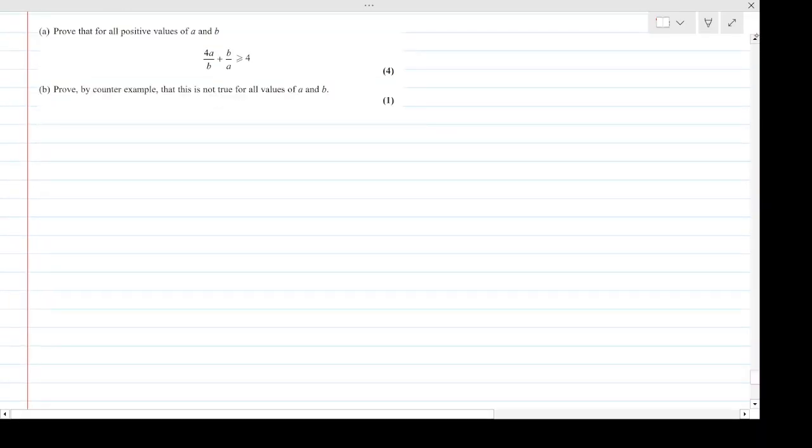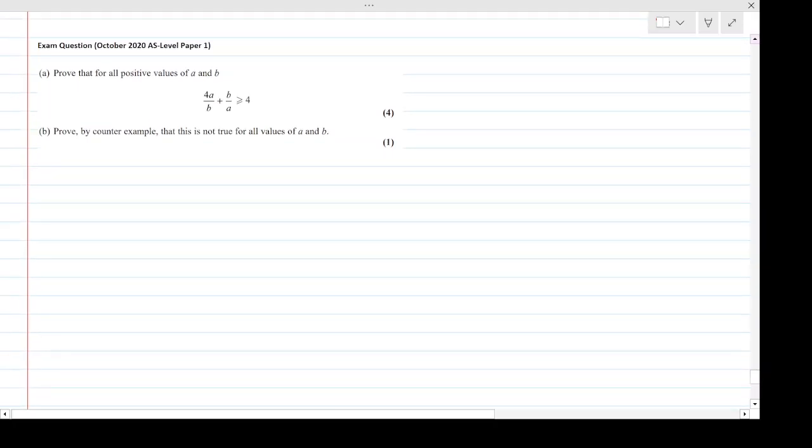Okay, final question then. We have to prove that for all positive values a and b, 4a over b add b over a is greater than or equal to 4.